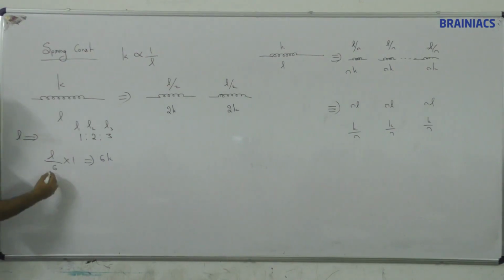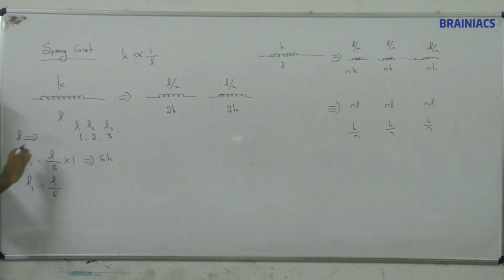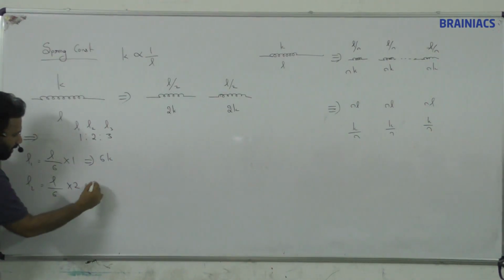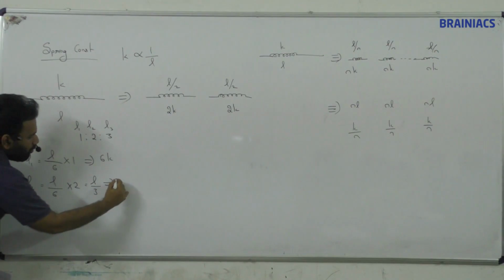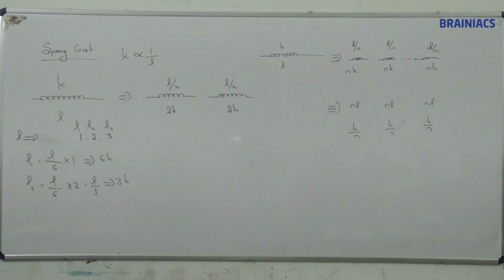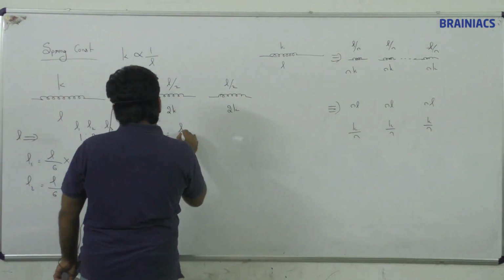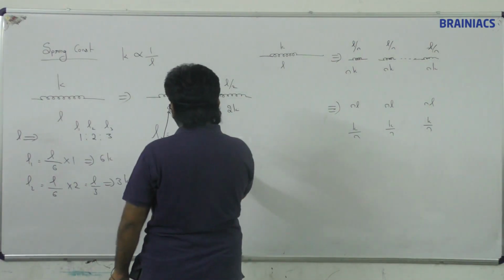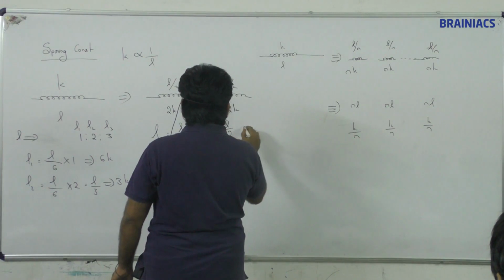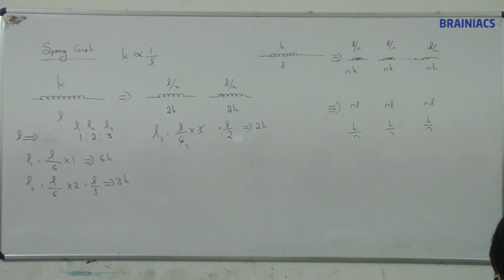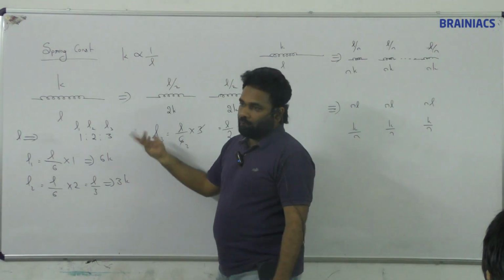Same way, this is going to be L1. L2 is L divided by 6 into its part, which is 2. So this is going to be L by 3, so this is going to be 3K. In the same way we should adjust it. Suppose L3 is equal to L divided by 6 into its ratio, which is 3. So this is going to be L by 2. So its corresponding spring constant is going to be 2K. For fractions, just put the reciprocal.